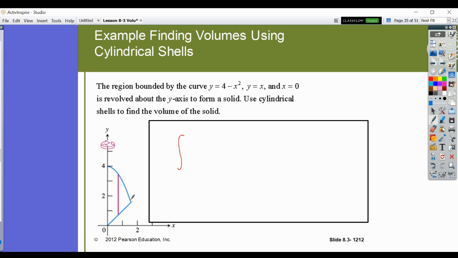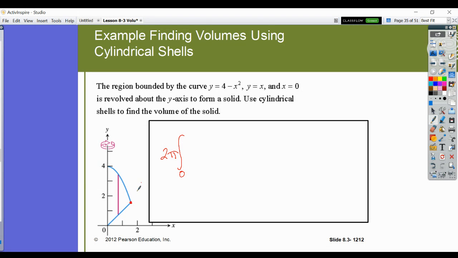So we're going to go from 0 to this point, which we'll find in a minute because that's not a nice answer. So I'll deal with that in a little bit. Because I am doing opposite direction, we're going to use the shell method. So I'm going to do 2 pi. The radius of this shell will always be this vertical line. That's why it's drawn here, how far apart these two are.